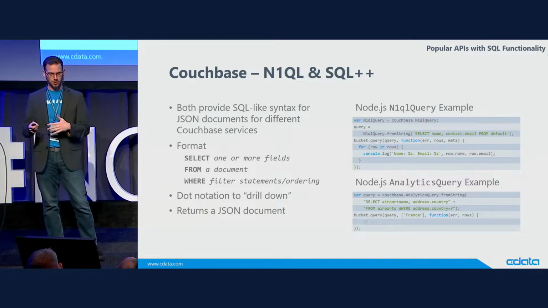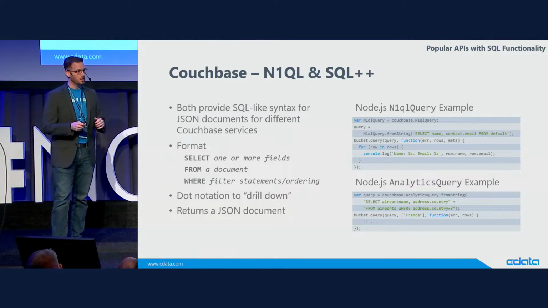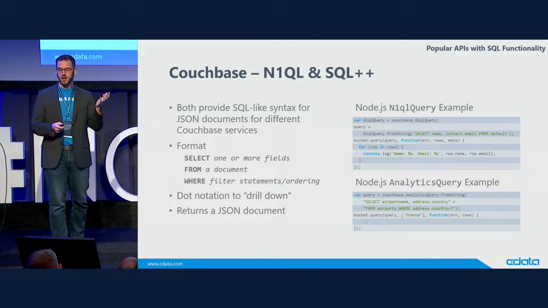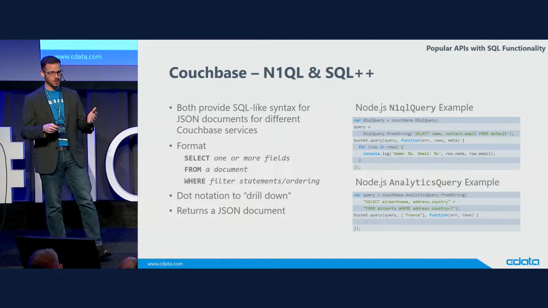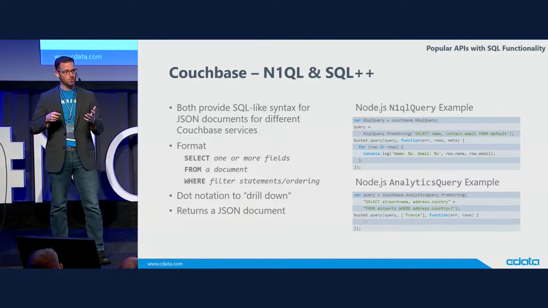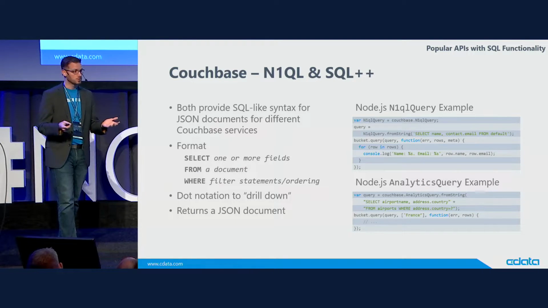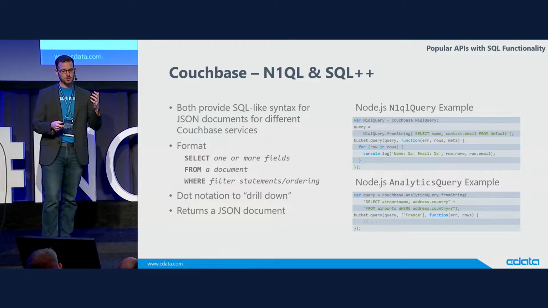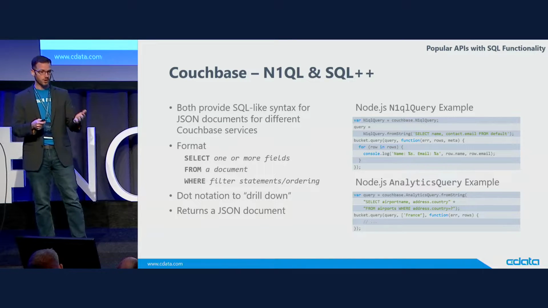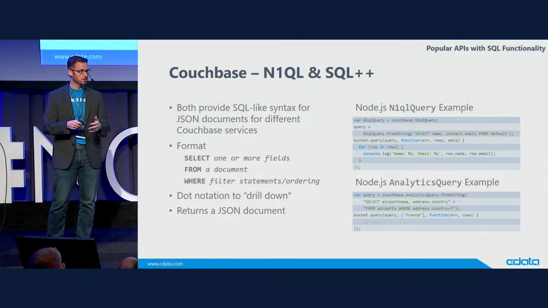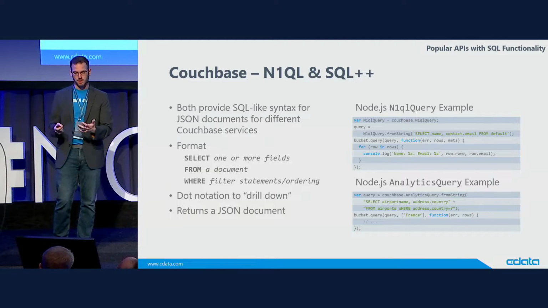It's SQL and a little bit more. Both of these SQL-like languages provide SQL-like syntax for querying your JSON documents. So you're going to see a similar query to what you would see if you were talking to a relational database: a select of one or more fields from some document where you have some filtering criteria.